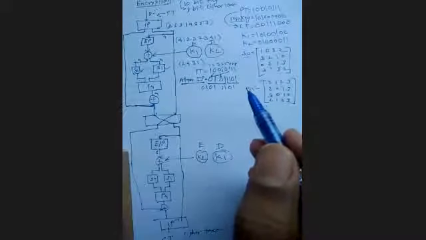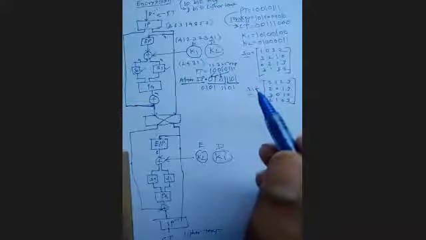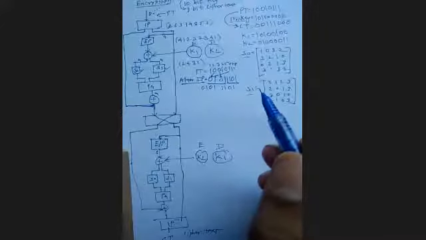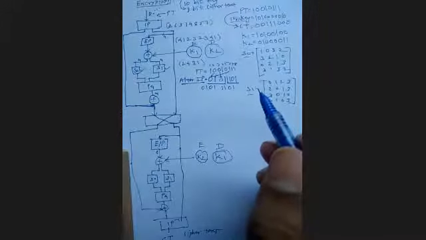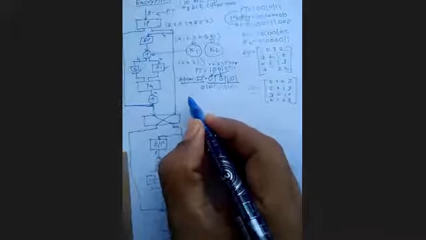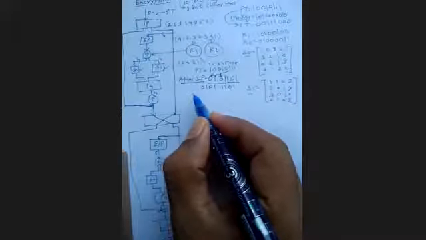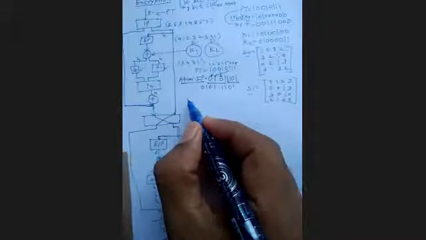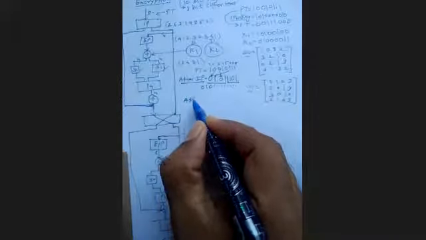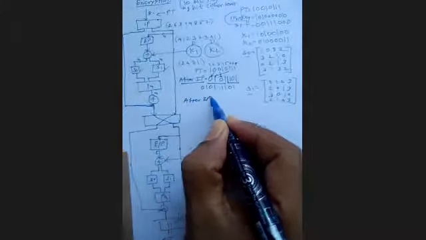Now after your EP, you have to perform the expansion permutation. So after EP, what values come?